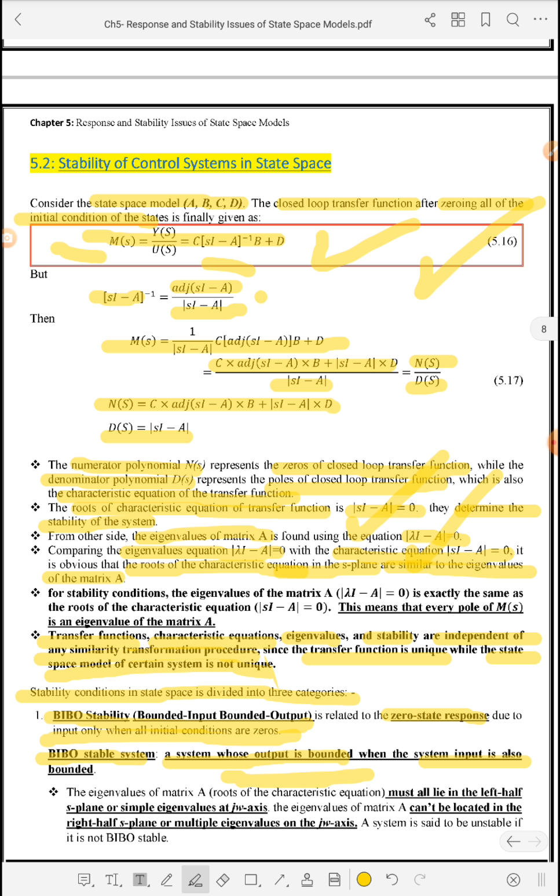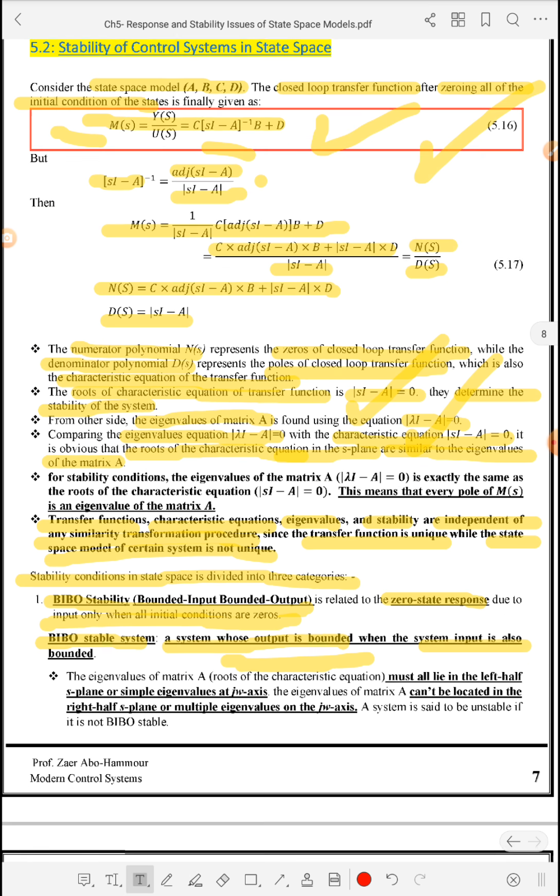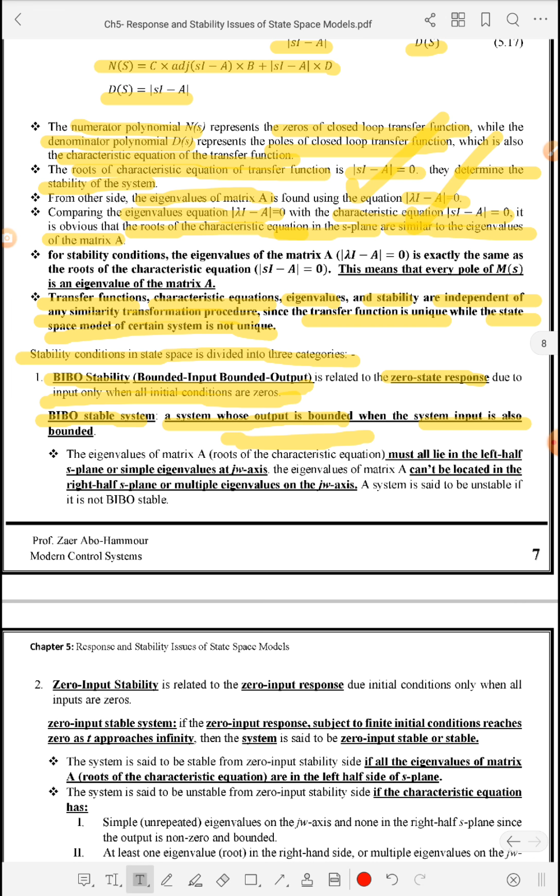And there is a condition that we covered previously in the automatic control course: for BIBO stability, all eigenvalues or the roots of the characteristic equation should be in the left hand side of the S-plane, or they should be simple on the j omega axis. This means that no root should be located on the right hand side of the S-plane, or should be multiple eigenvalues on the j omega axis. So this is the first type of stability, which is the BIBO stability.